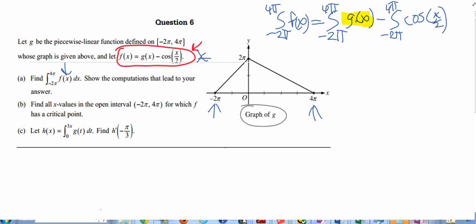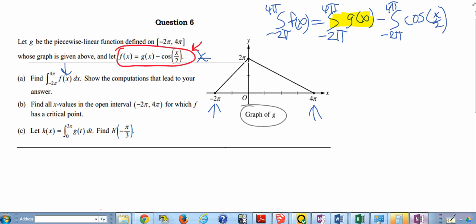So let's talk about the first part. This first part is simply the integral of this graph g of x here, and the integral of that is just the area under the curve. So we're either going to use Riemann sums, or in this case, we can just use geometry, and notice that this triangle has a base of 6 pi units, right?